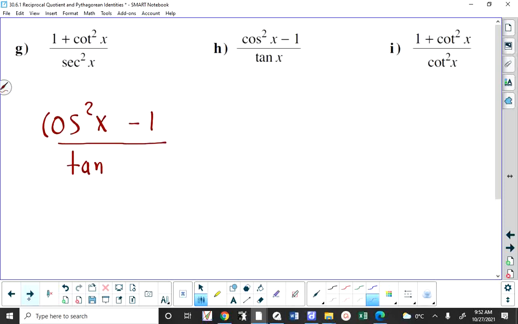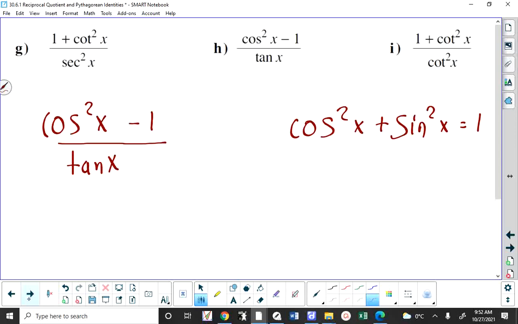Now, this cos squared plus sine squared equals 1 thing is really valuable, but you have to try to wrap your head around it. There's lots of ways to do this.